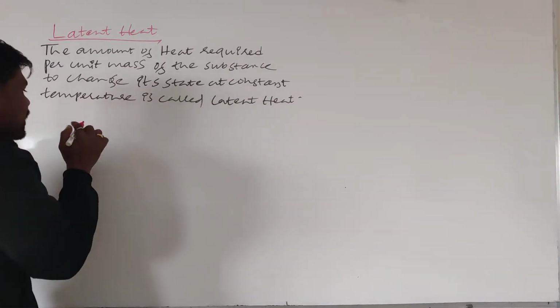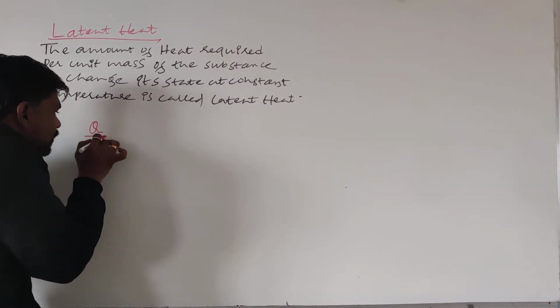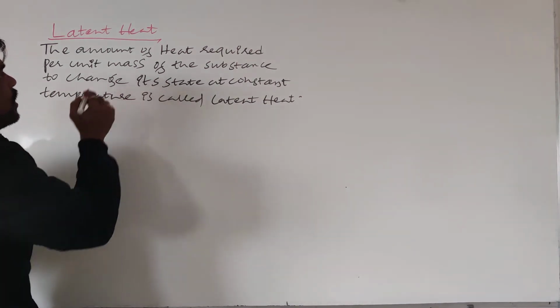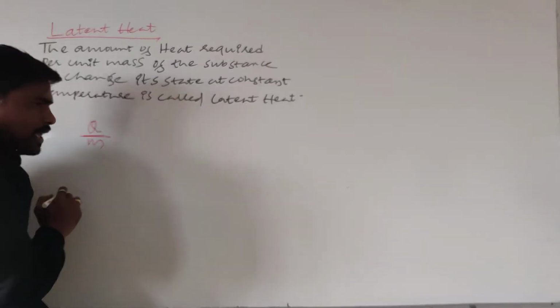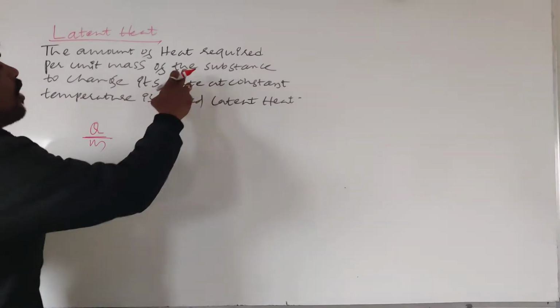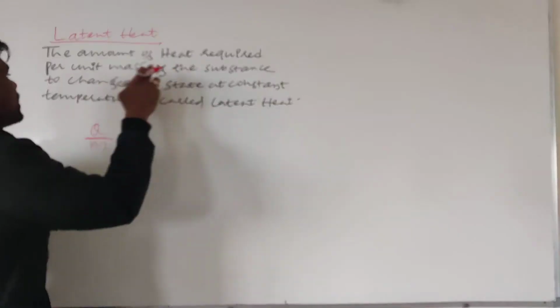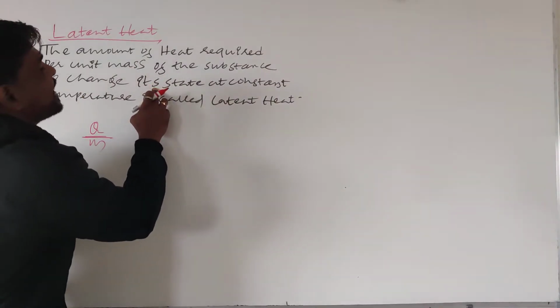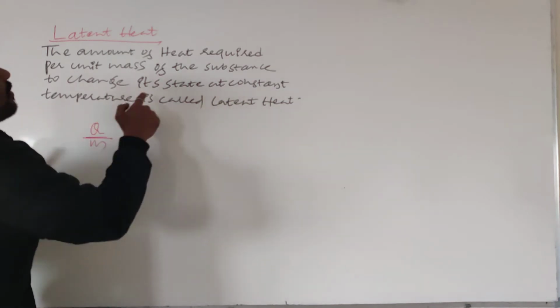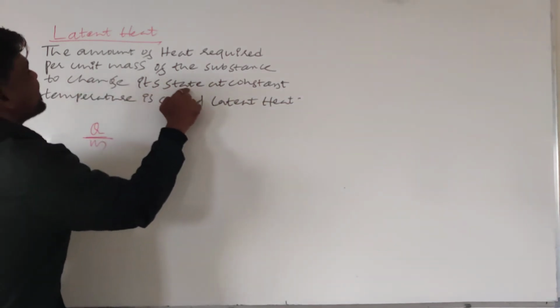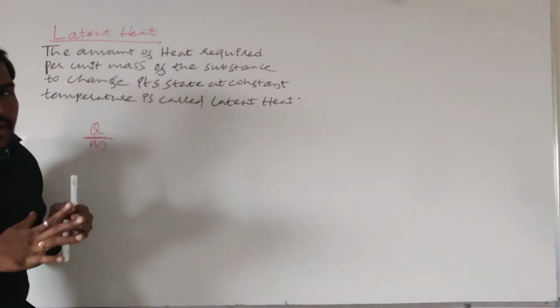Then can I write Q divided by M? So amount of heat means Q, per unit mass means divided by M of the substance, to change its state at a constant temperature.